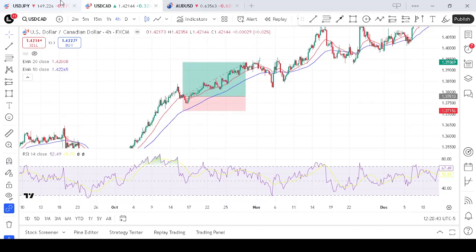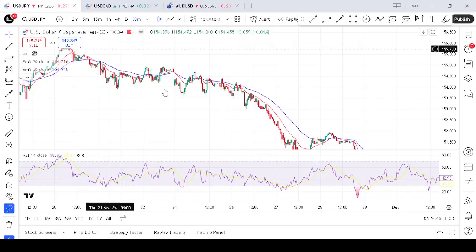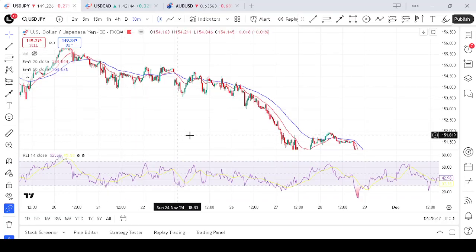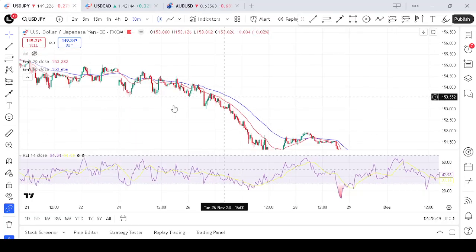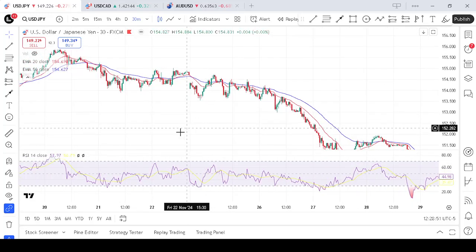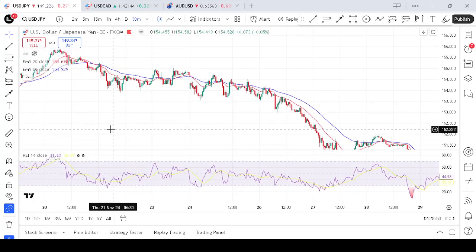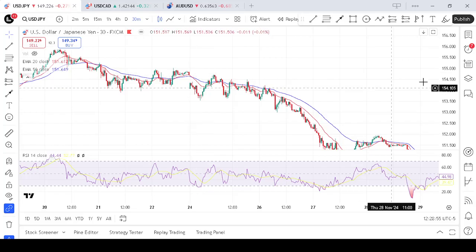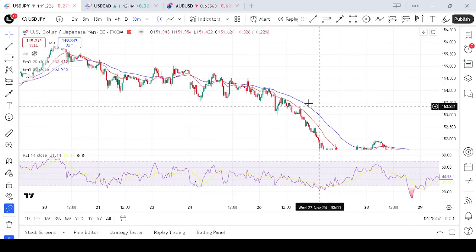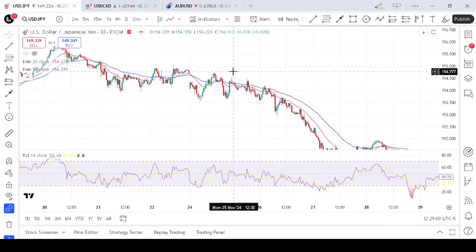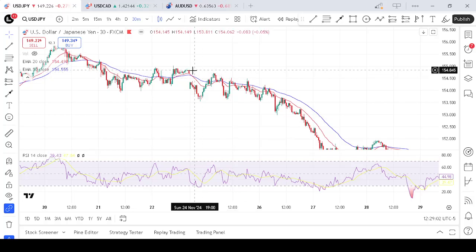Now let's look at an example of a bearish trade that we can take. First of all, we start by identifying the trend by looking at where the 20 EMA trades below the 50 EMA.